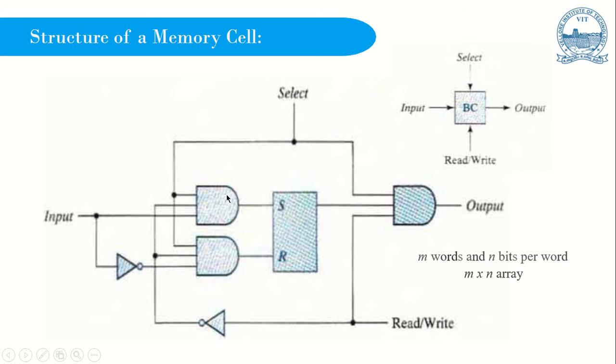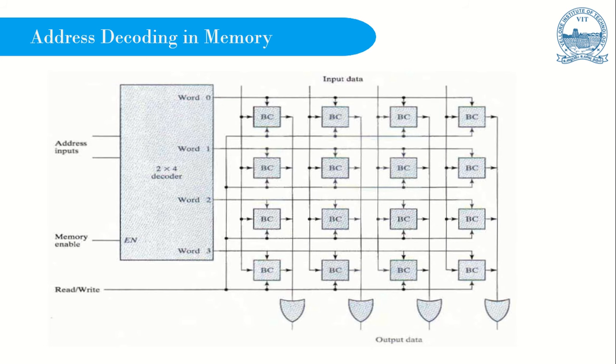So this is the logic diagram of a memory cell, and in the schematic it is represented as a binary cell by a block diagram, which has an input and output and two control signals. One is the select signal from the top and the read or write signal from the bottom. And in a real memory, many such binary cells are grouped in the form of an array, and this is one such memory structure.